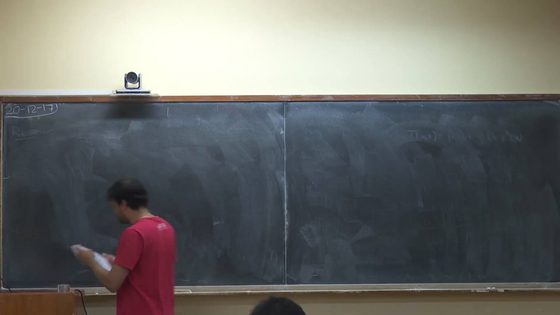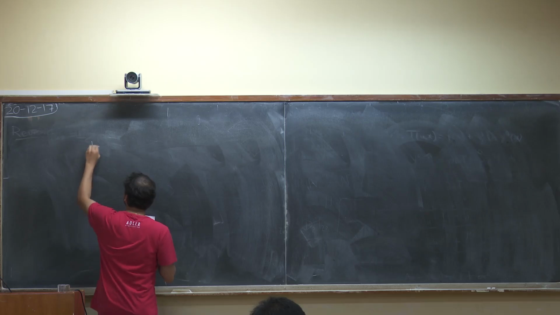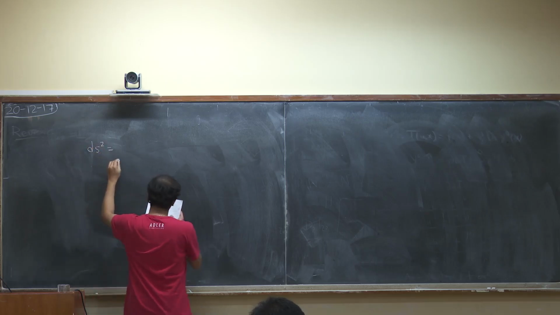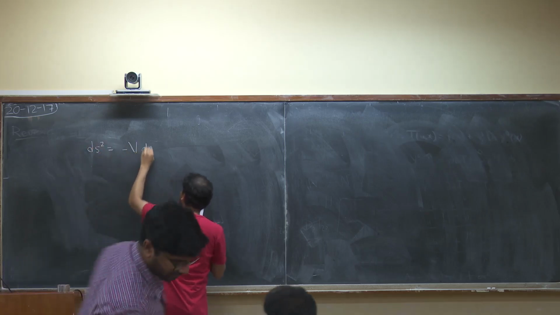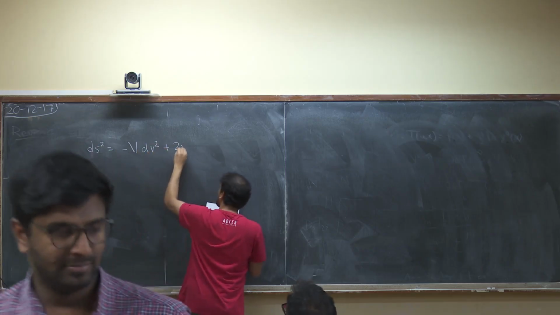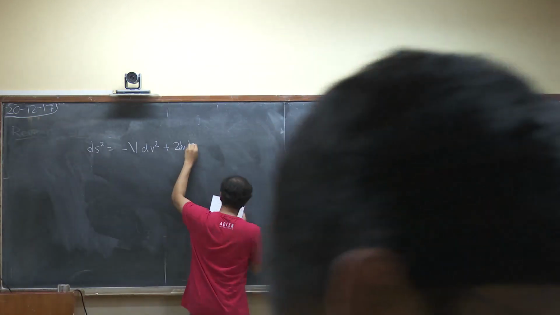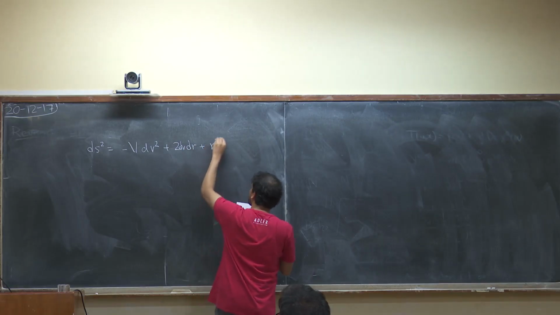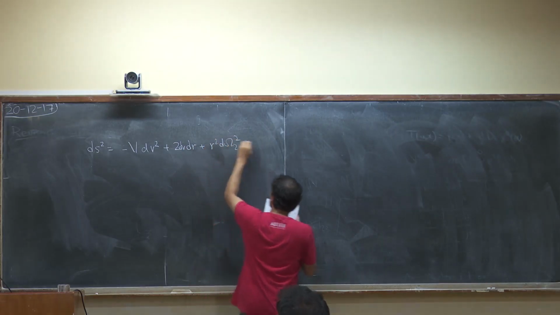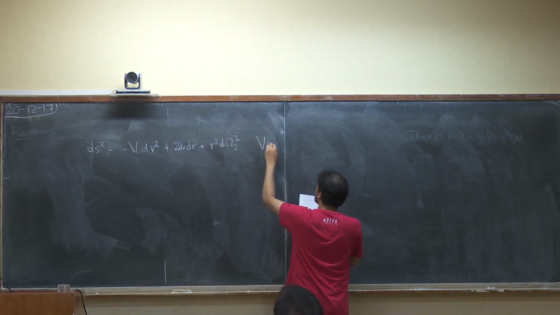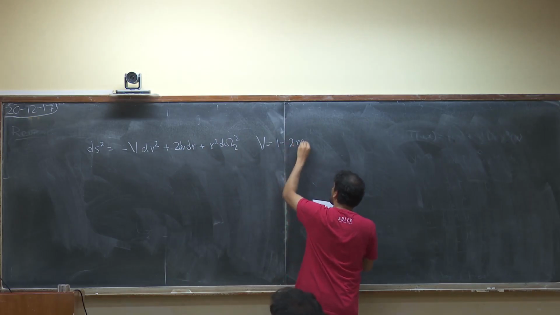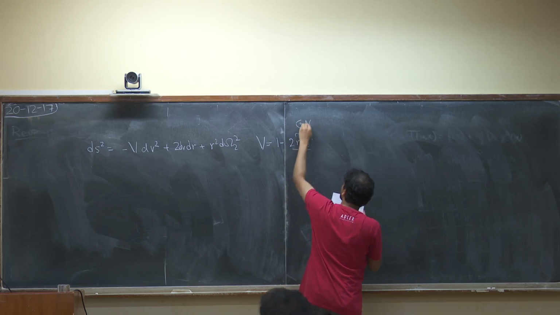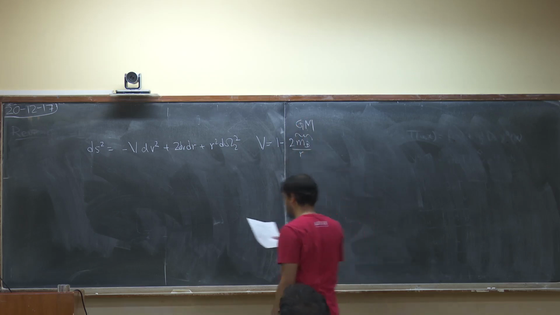Okay. So just very quickly, you have the Schwarzschild metric, which is just minus V, and this V is just 1 minus 2GM over R, where M is the mass of the Schwarzschild black hole.